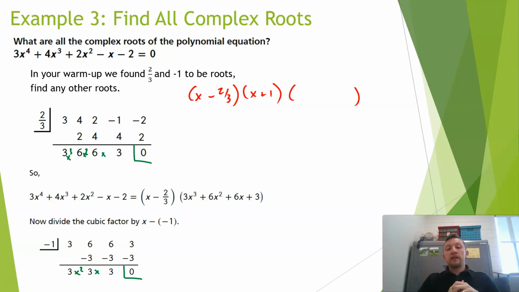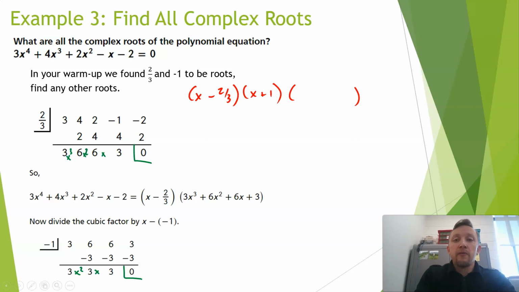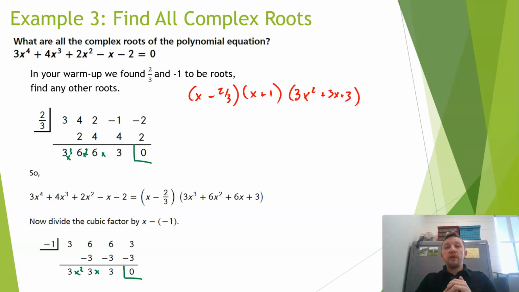So again, using synthetic division, you should know how to do that. And we're left with 3, 3, 3, and 0, which remember that we can write as an equation, which would be 3x squared plus 3x plus 3. That would be that missing piece. So if I were to multiply all three of those factors together, it would give us our original function.